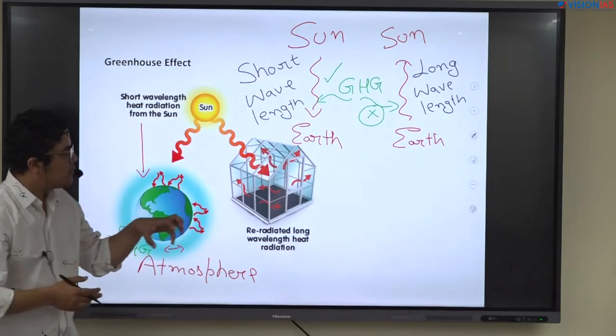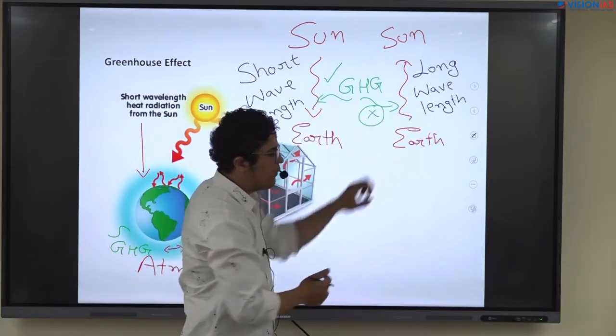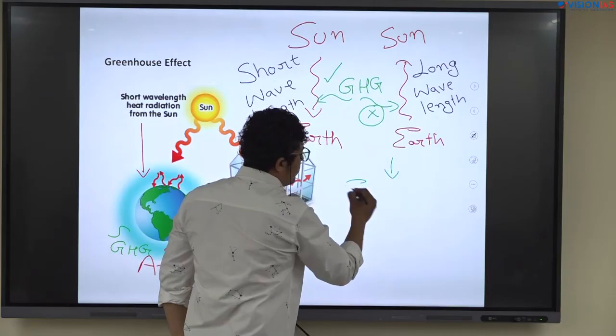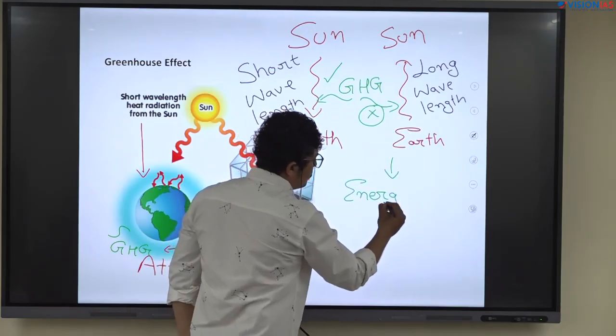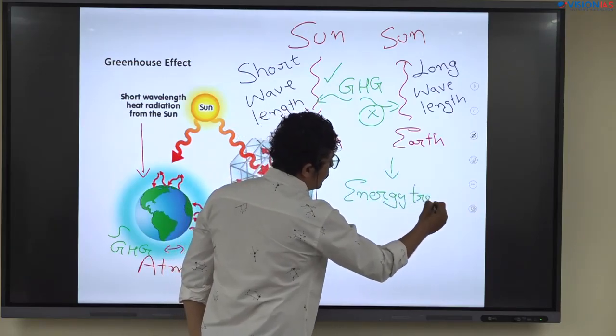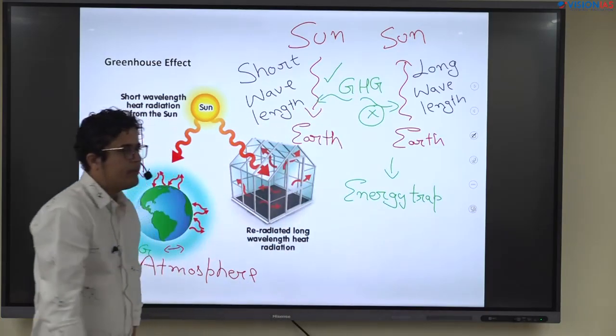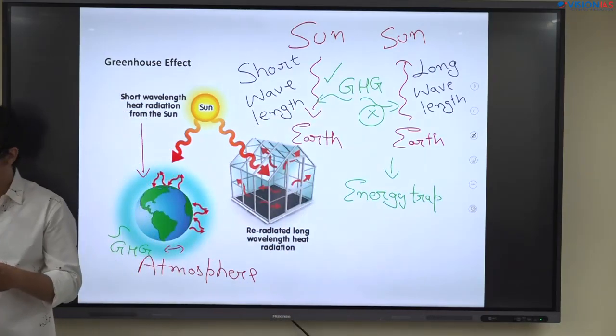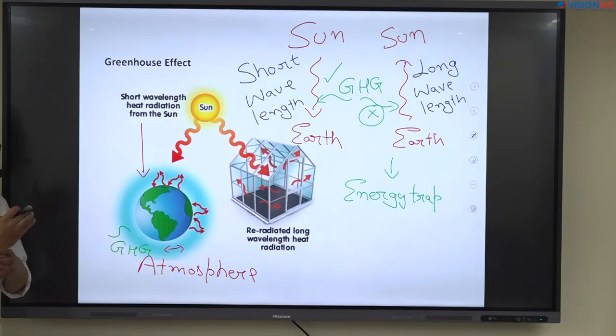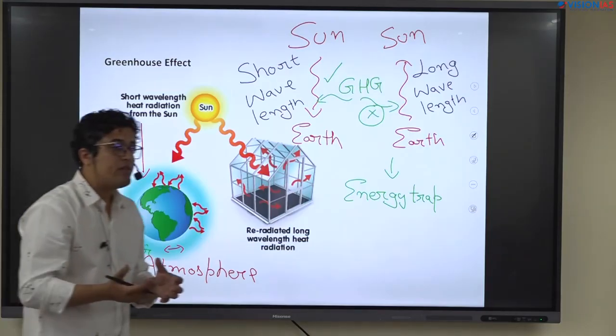So if greenhouse gases block this radiation, it will lead to an energy trap, and this energy trap will increase the temperature of Earth. And Earth's temperature will keep on increasing. In short, you call it global warming. So why is Earth's temperature increasing?